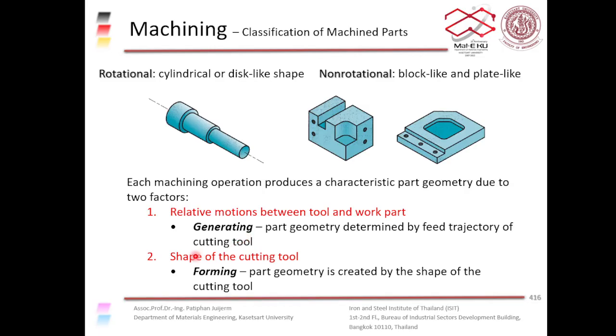But for a forming process, the shape of the cutting tool is quite different, and the part is created by the shape of the cutting tool. So for generating, the shape is created by the movement of the cutting tool. For forming, the shape of the workpiece is generated by the shape of the cutting tool.